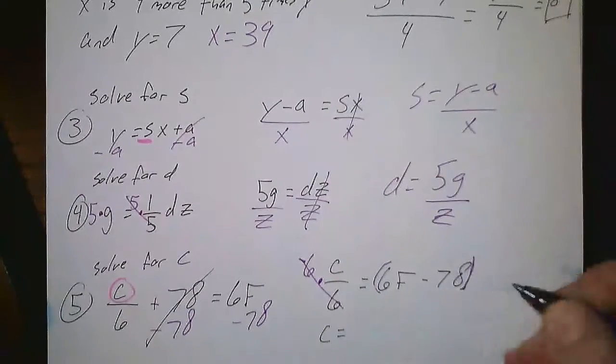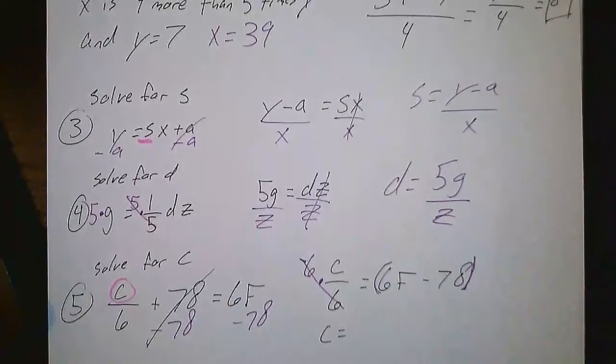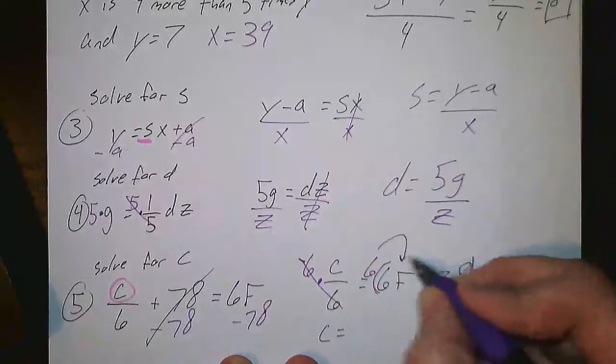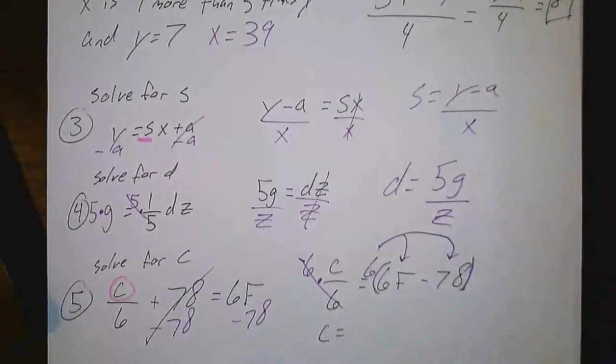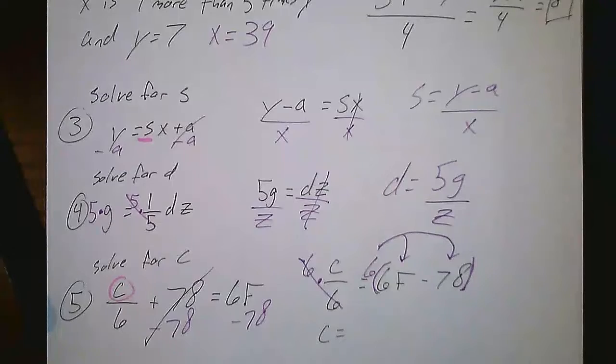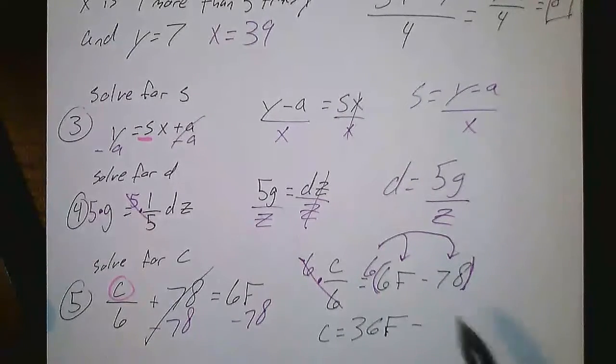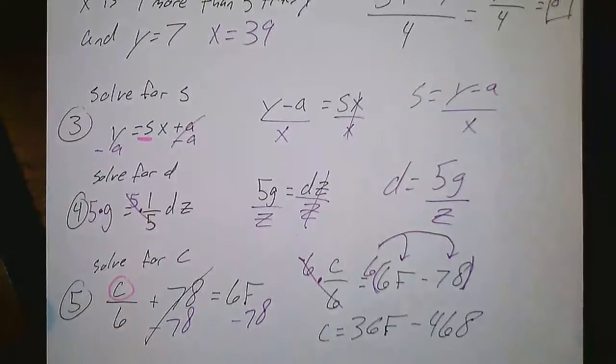When I multiply two terms or multiple terms by a single number, we do so via distribution. So again, if you have multiple terms on one side of the equal sign, you need to distribute the number that you're multiplying. So 6 times 6f is 36f, and 78, or negative 78 times 6 is negative 468.